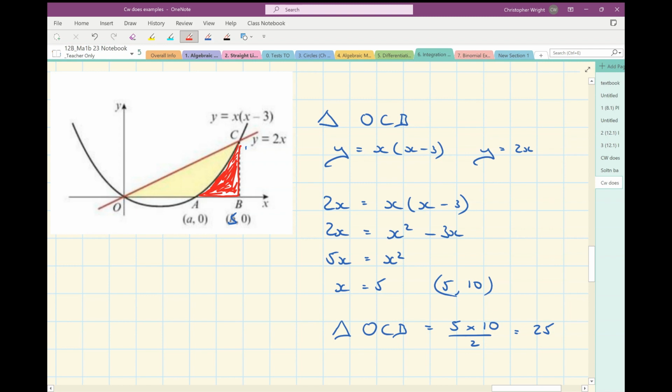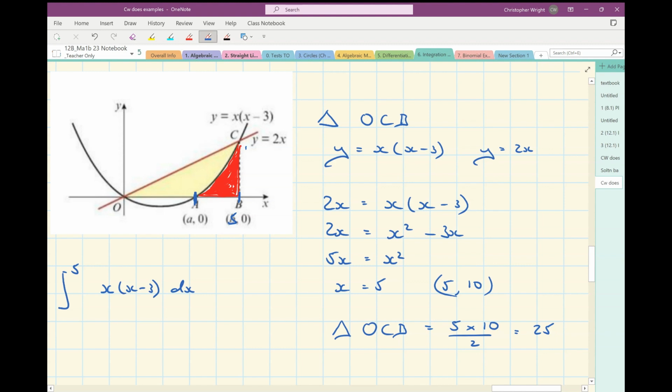How am I going to find that red shaded area? Well, clearly, I'm going to need to evaluate the definite integral of x(x minus 3), and I need to do that between where and where? Well, up to 5, because that's that point there, but I need to know where the curve crosses the x-axis there, don't I?